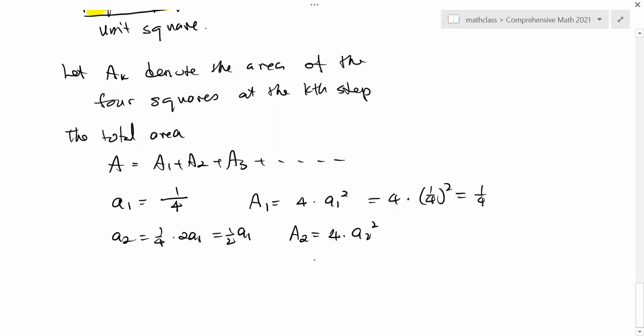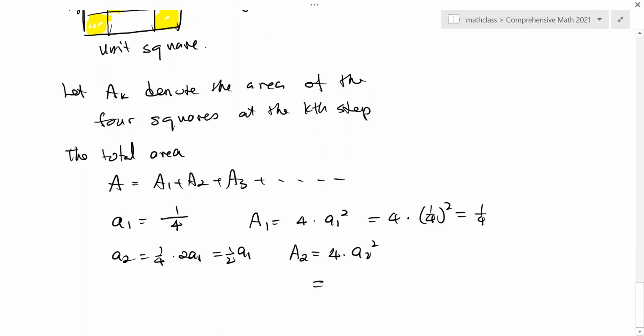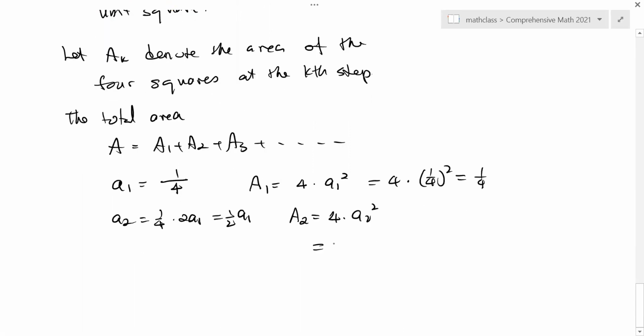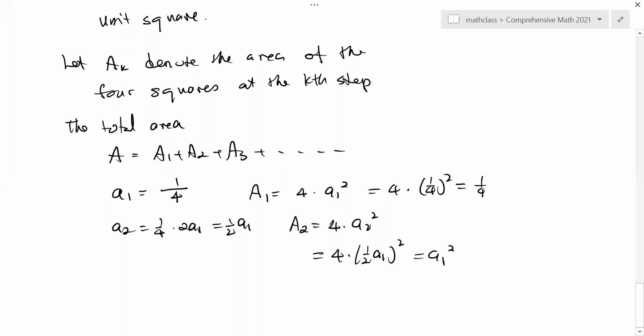A2 is half of A1, so when you square it, it's just A1 squared.